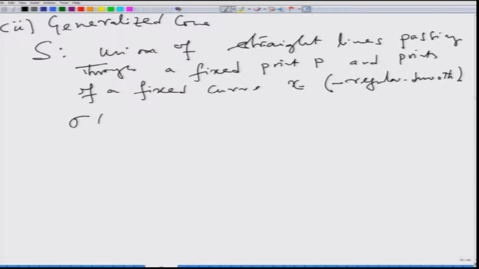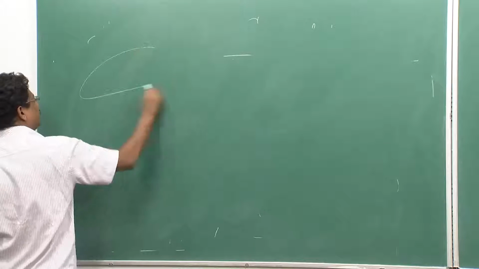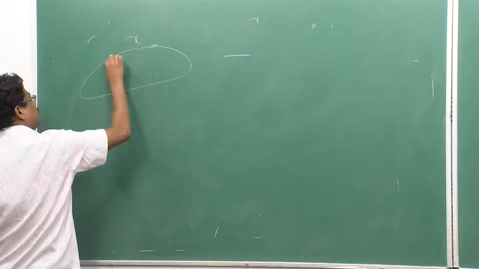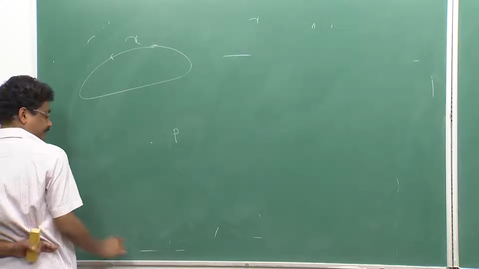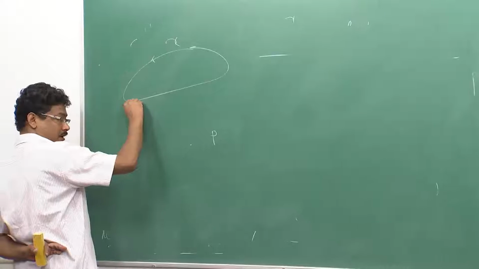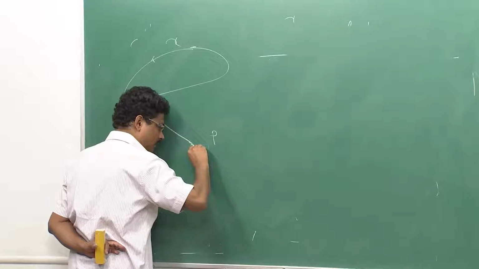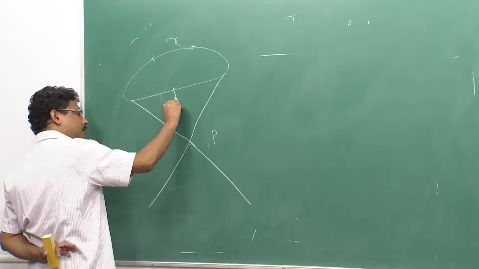And the parameterization is very easy to realize: 1 minus v times p plus v times gamma u. What is happening here? I draw the picture on the board. We have a curve gamma out here and I have a point P. I look at a point on gamma, and I look at all the straight lines that pass through P and some points on gamma.